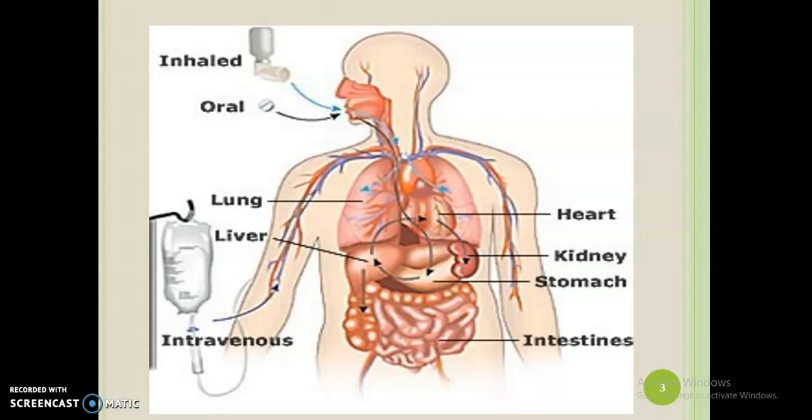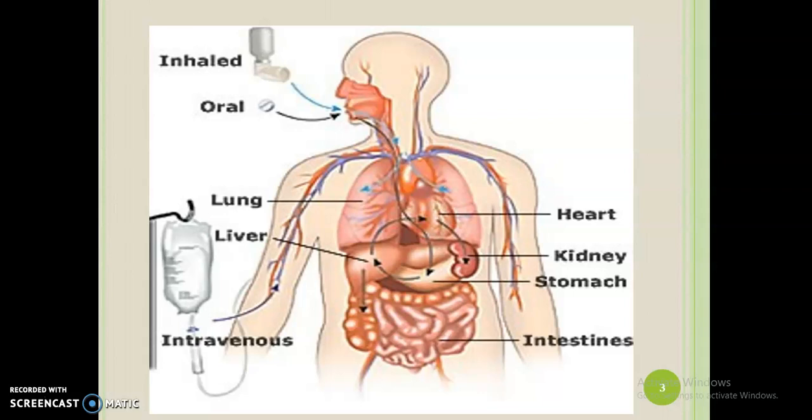So there is one more part, that is the first pass effect. For example, there is no guarantee that 100% of the drug will reach its target organ. In the liver, some fraction of the drug is metabolized.